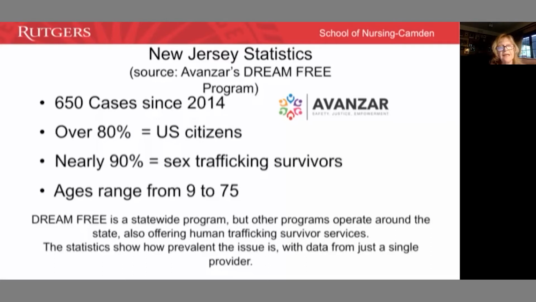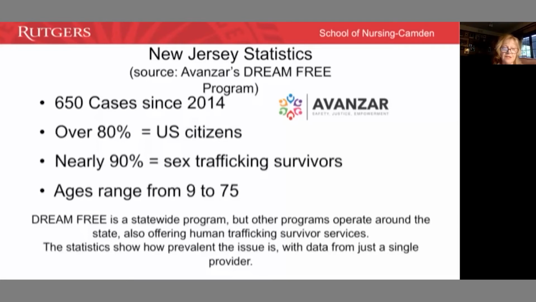Citizens, and nearly 90% of them are sex trafficked survivors. Very few are labor trafficked individuals. And what was shocking to me was the data that they gleaned from these survivors. Their age range was from 9 years of age to up to 75 years old.